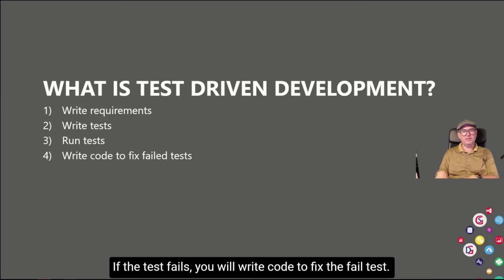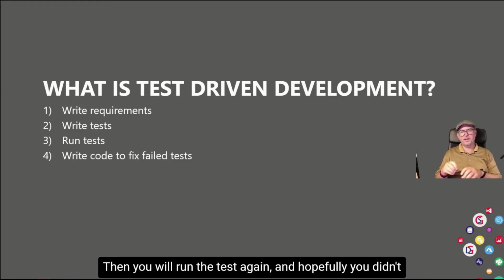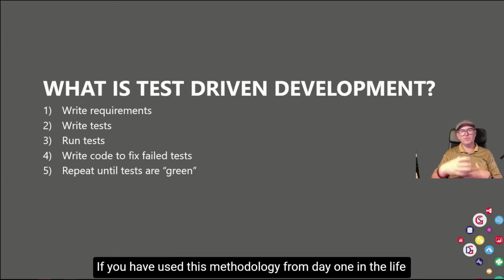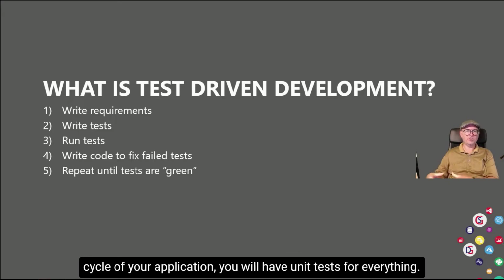If the test fails, you will write code to fix the failed test. Then you will run the tests again. And hopefully you didn't break anything. And this is also a key thing with test-driven development. If you have used this methodology from day one in the life cycle of your application, you will have unit tests for everything.